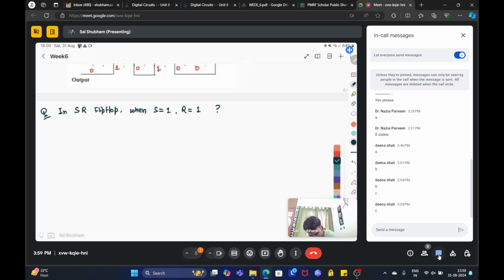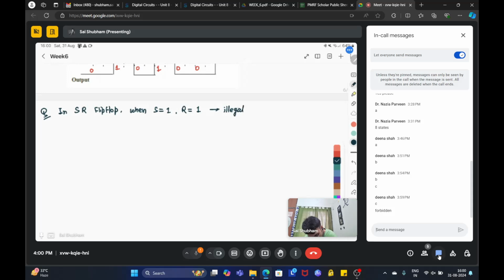Better question is, this we call as illegal state, illegal inputs. So what is the reason? The options are A race condition, B can't change state, C fixed memory, D none.